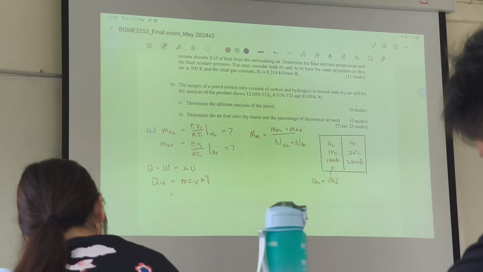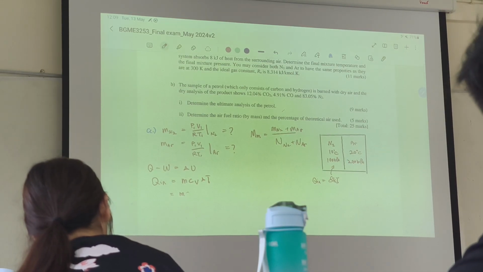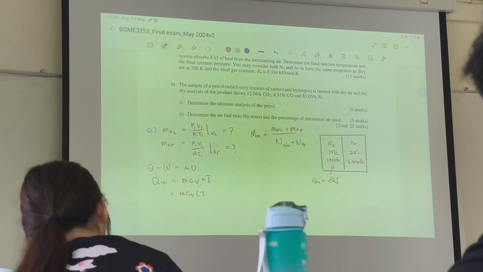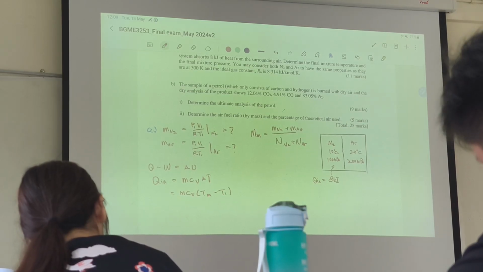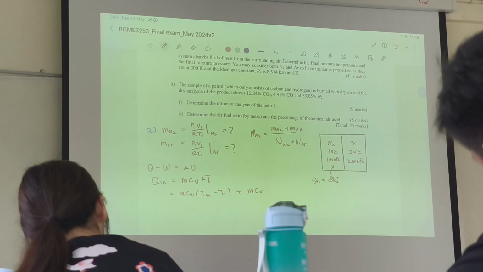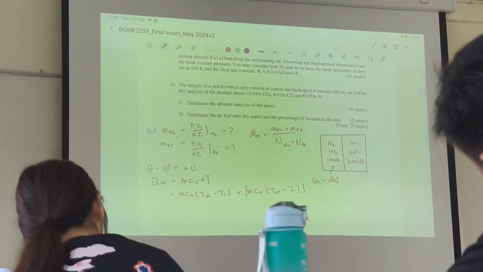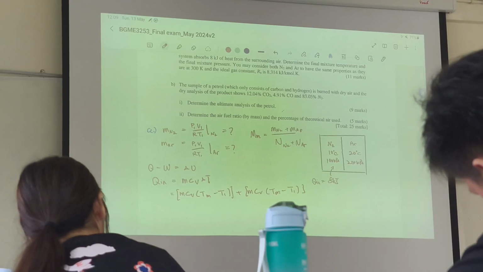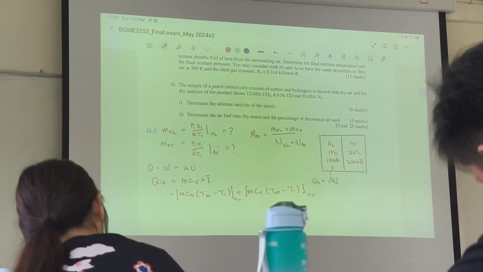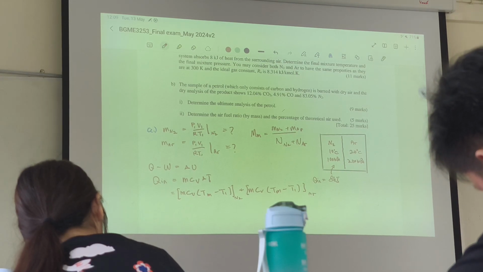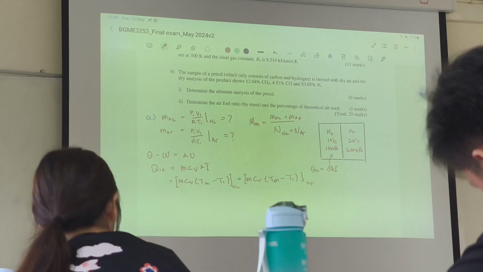So we can split this into two: M CV, T of the mixture minus T1, plus M CV, T of the mixture minus T1. So this is for N2, this is for AR, because their final temperature is the same.